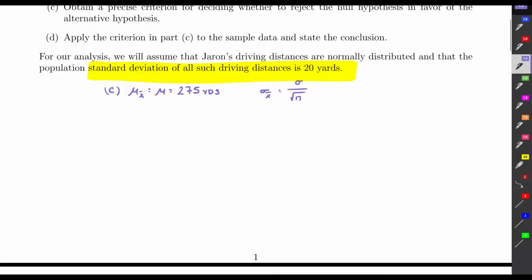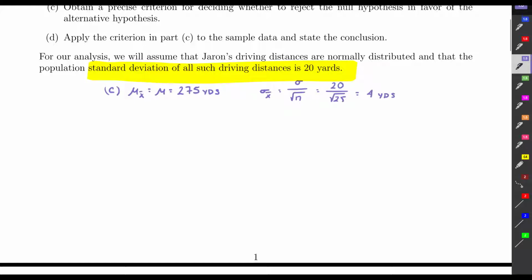That is not an easy thing to calculate unless the population is relatively small and we can sample the entire population. So for this problem, we're just going to substitute in our 20 for the population standard deviation divided by the square root of 25, and we end up with 4 yards as our sample standard deviation.